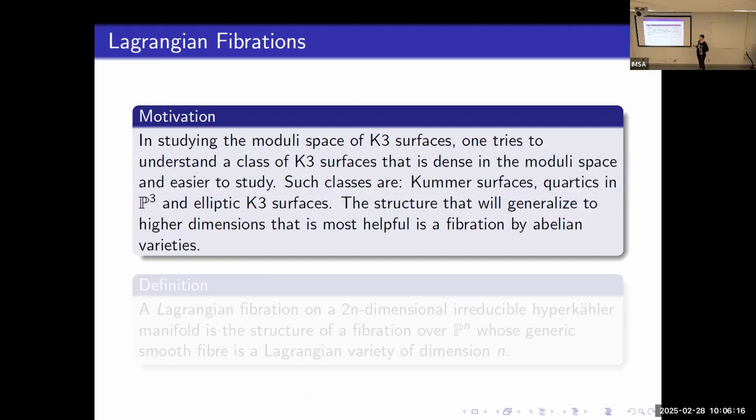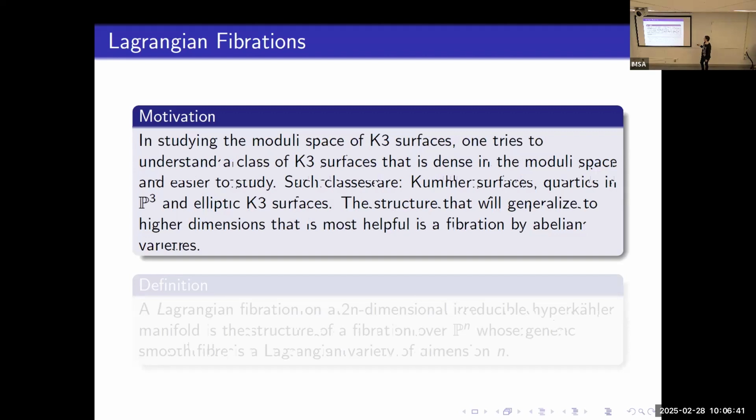So just like in the case of K3 surfaces, you want to study some K3s that are simple to describe and possibly are dense in the moduli spaces. For K3 surfaces, such classes are Kummer K3 surfaces, quartics, and elliptic K3 surfaces.